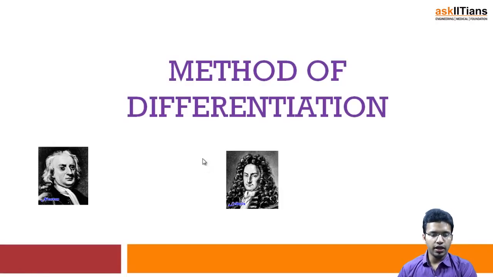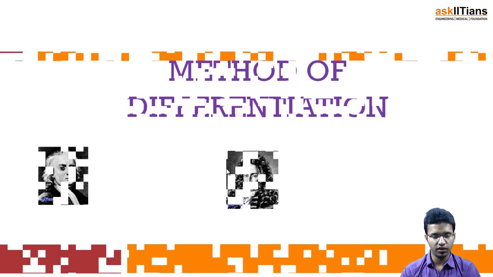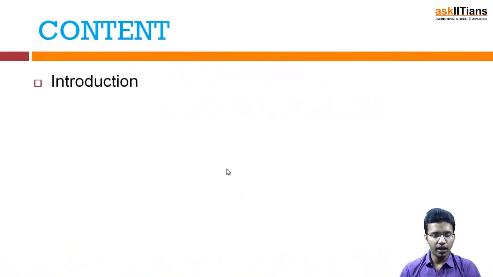Let us look at the contents of this chapter, and on the screen, the two great scientists, Newton and Leibniz, who gave the major concepts of differentiation. In this part we are going to discuss the introduction, what differentiation is all about. Most of you must have some idea of it, but here we will make it more clear.